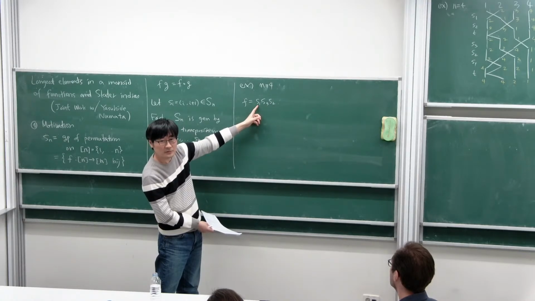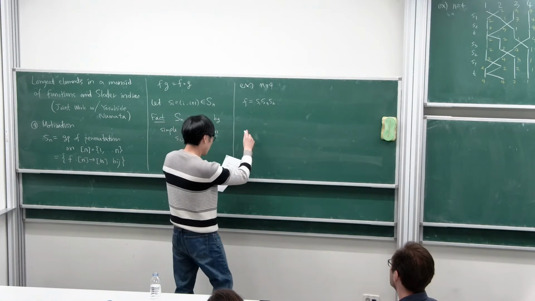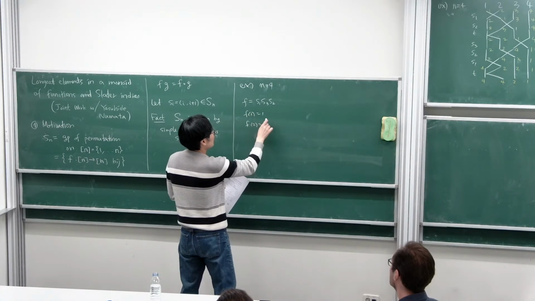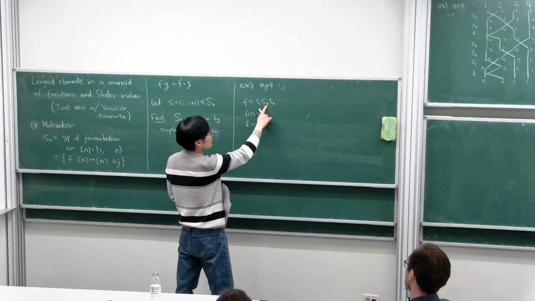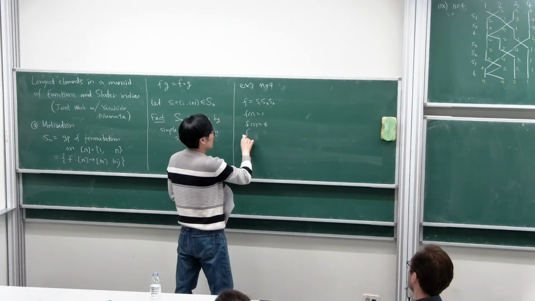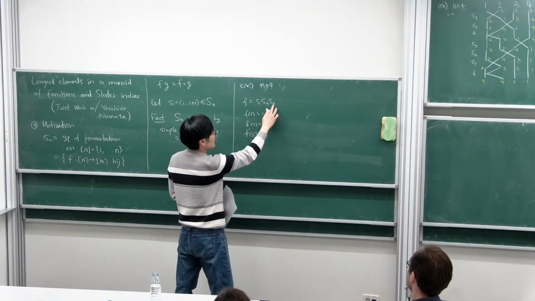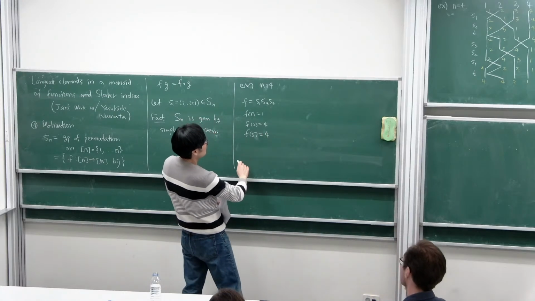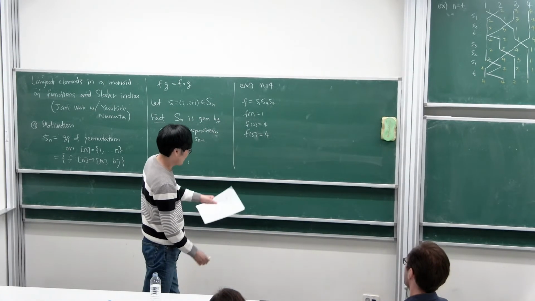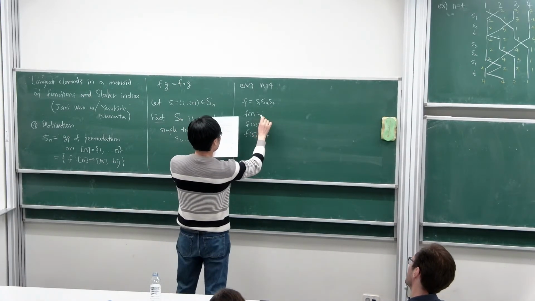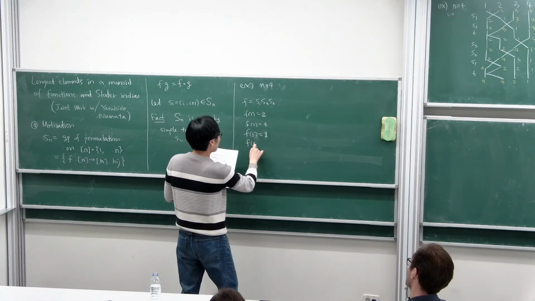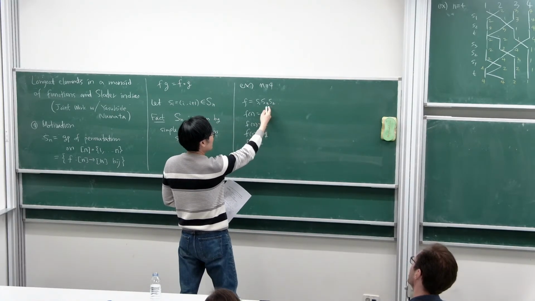So f(1) equals 2. f(2) gets sent to 3, and then 4, and then just 4. f(3) gets sent to 3 itself, and then 4, and that's it. Oh, f(1) is 2, right? Yeah, 2. So this is 1. And f(4), 4 gets sent to 3.